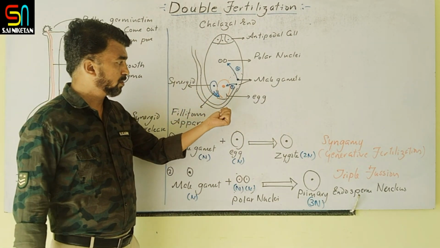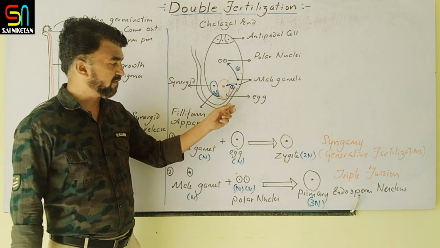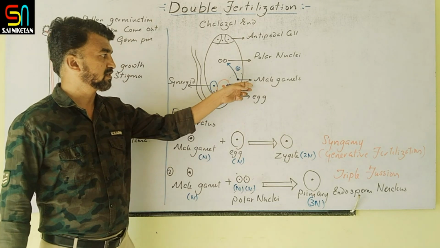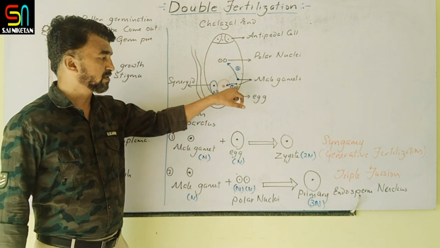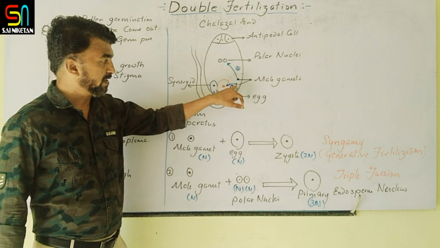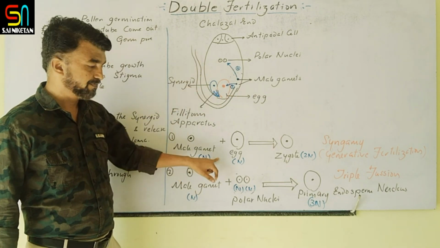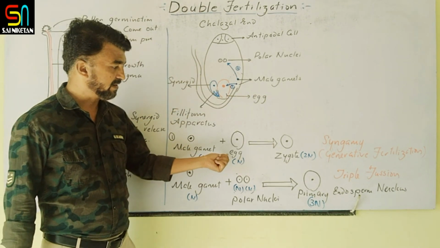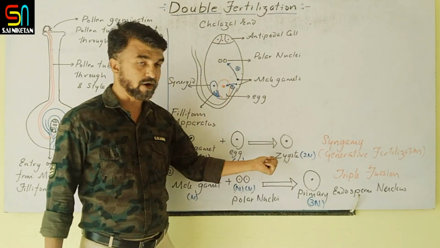Now, the pollen tube enters the embryo sac towards one of the synergids with the help of the filiform apparatus. The synergid will degenerate and release its cytoplasm into the embryo sac. In that cytoplasm, the pollen tube releases the two male gametes. Out of these two male gametes, one moves towards the egg. This male gamete is haploid and the egg is also haploid, so they fuse to form the diploid zygote.